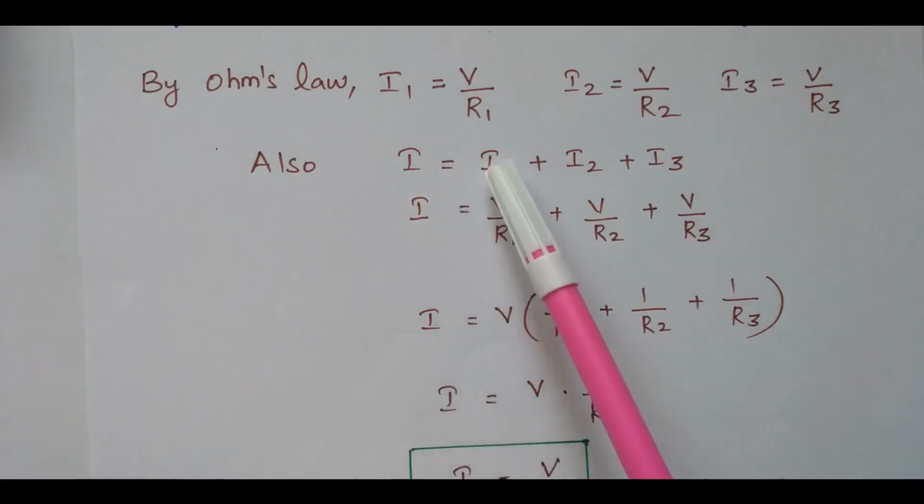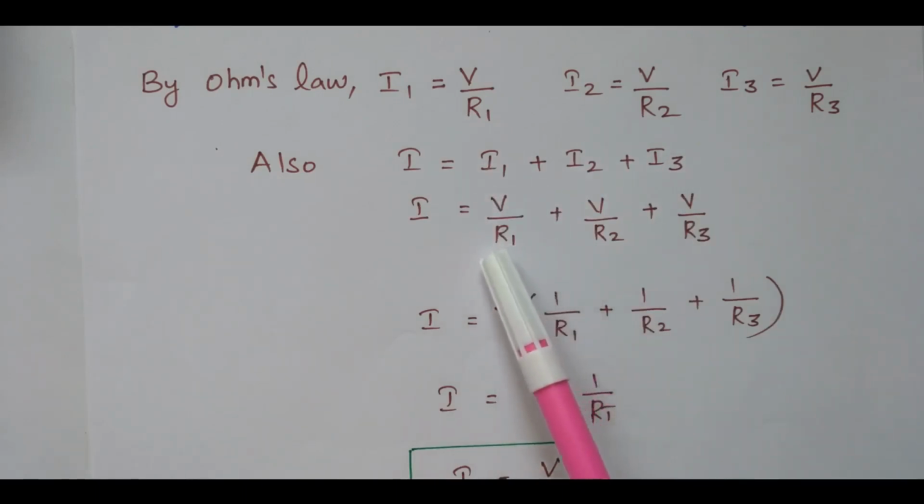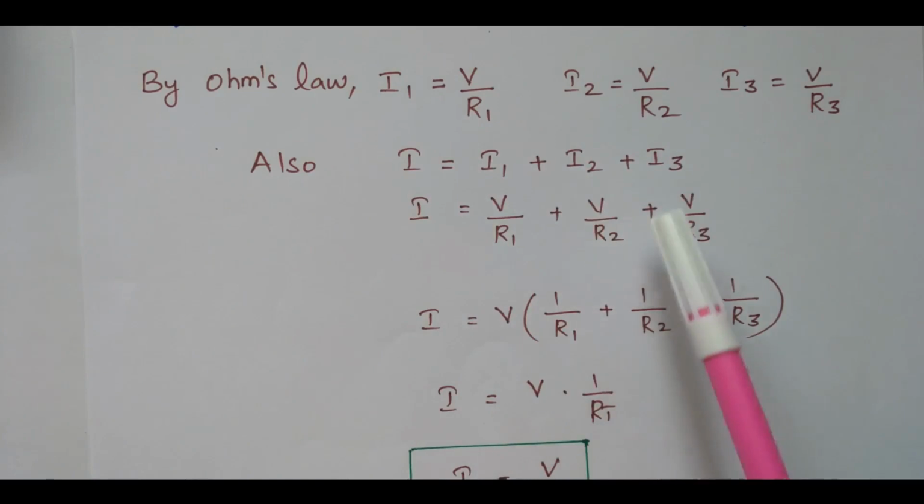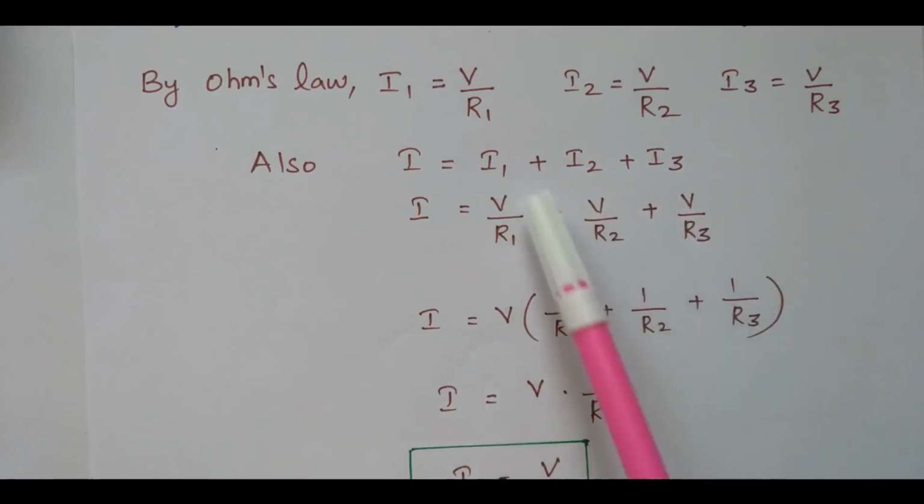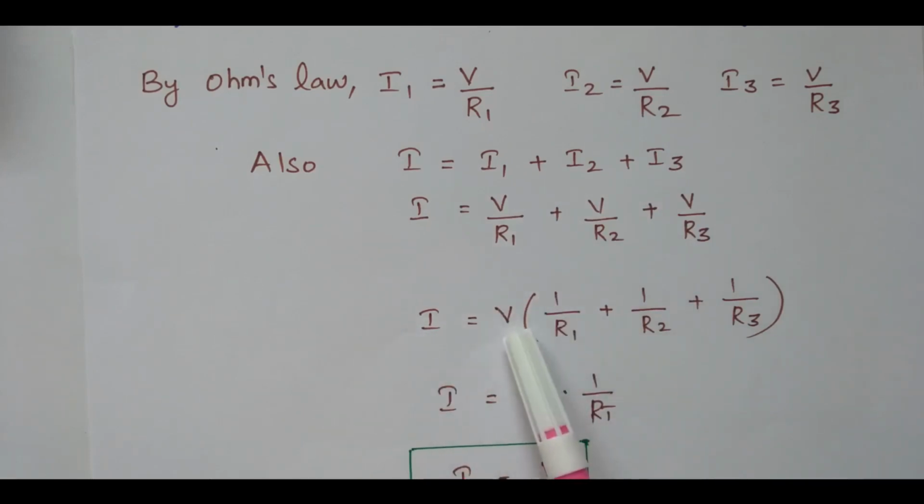Here I equals I1 plus I2 plus I3. Now substitute the values: V by R1 plus V by R2 plus V by R3. The voltage is common, so we can take it outside. So I equals V into 1 by R1 plus 1 by R2 plus 1 by R3.